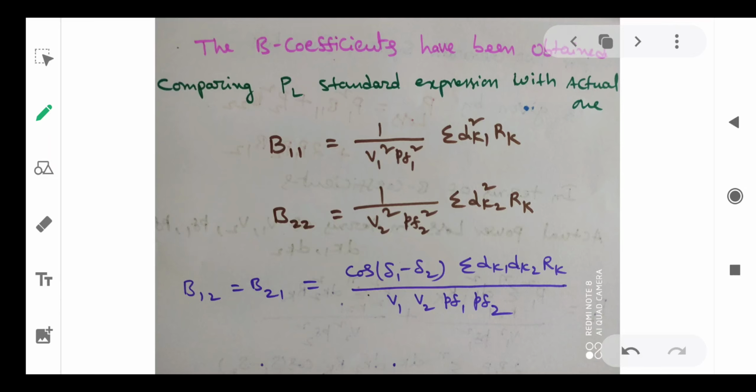So you got the expressions for B11, B12, B22. Anyhow, B12 equal to B21, symmetrical. Therefore B12 is equal to B21.